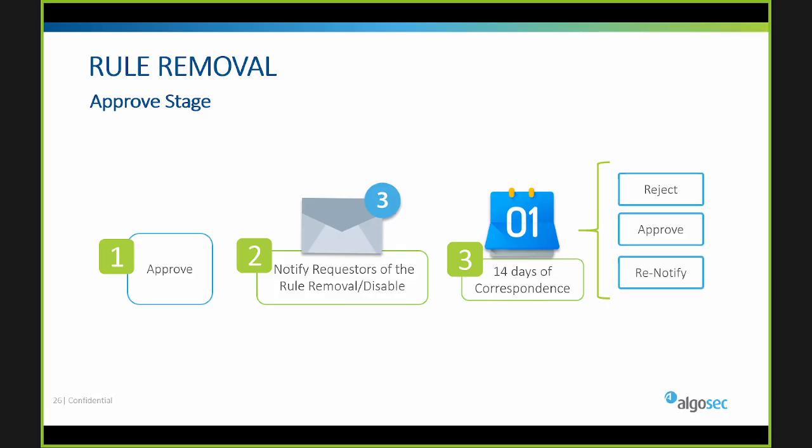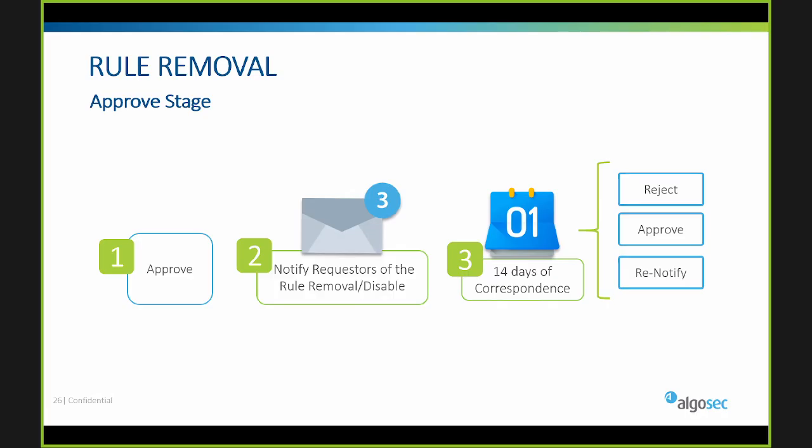If it's urgent that you remove the rule, you as the net admin or admin can just go, yeah, I'm going to approve that we're going to remove it. So you can override the correspondence. But the point is, at least we are reaching out and somebody else knows what we're going to do or what we're intending to do. They're not going to find out the day afterwards when you've already disabled the rule. They're going to know beforehand, and that's the general idea.